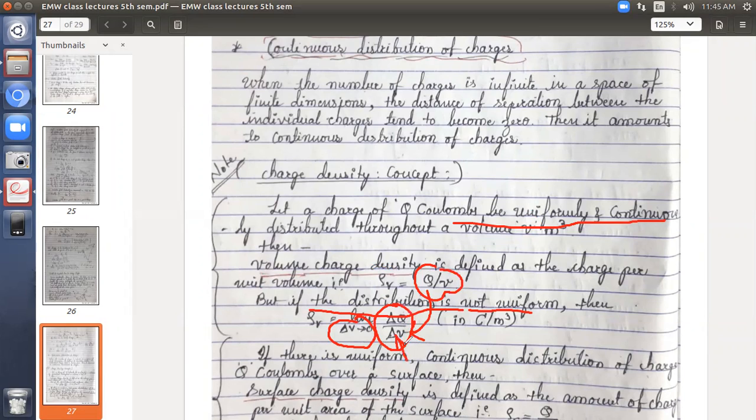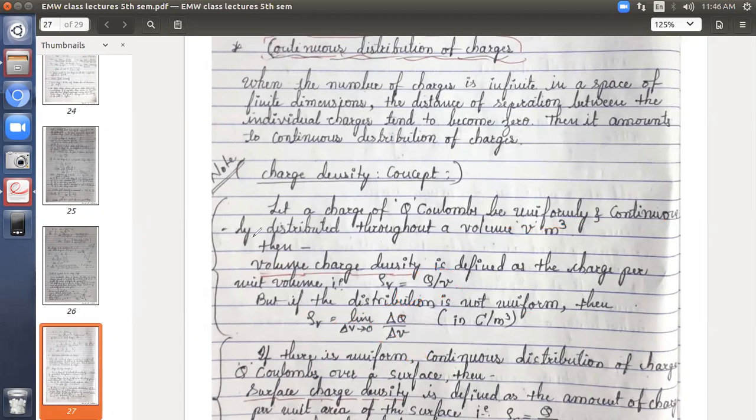Delta is a smaller value. If the distribution is not uniform, we consider a smaller amount of charge in a smaller amount of volume. The unit is coulomb per meter cube.